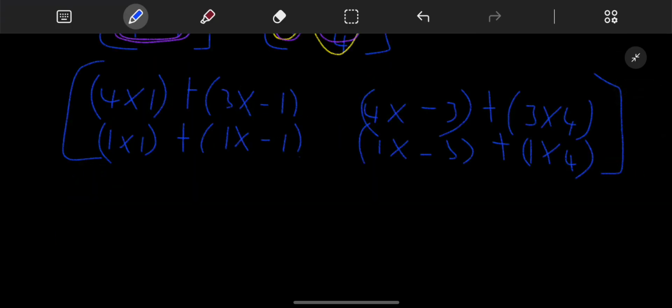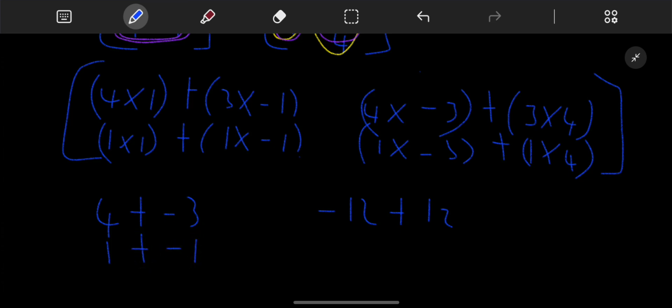Now let's simplify. 4 times 1, we get a 4, plus 3 times -1, that's a -3. Now let's move here. 4 times -3, that's -12. We put a plus, and say 3 times 4, we get 12. Now moving here, 1 times 1, we get a 1, plus 1 times -1, that's -1.